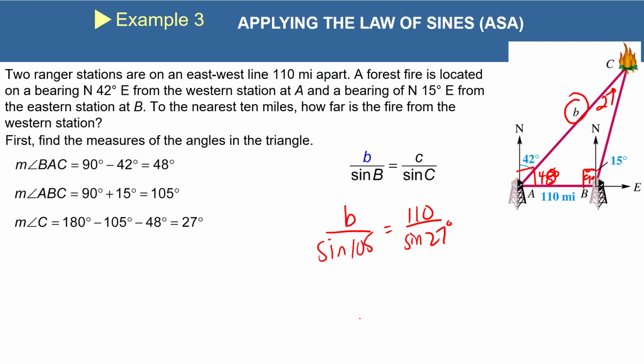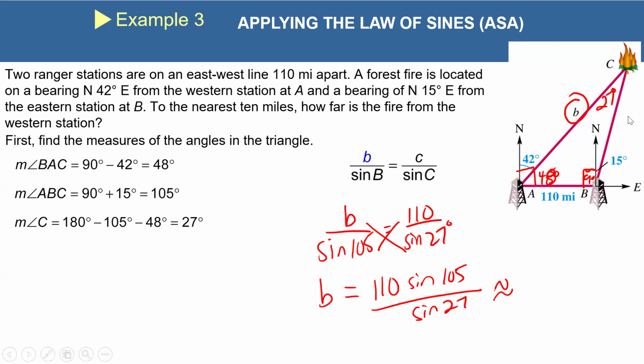And all I have to do now is cross multiply and divide. So I'm cross multiplying. I have 110 sine of 105 divided by sine of 27. And then it'll give me an approximate value of how far the west tower is from the fire.